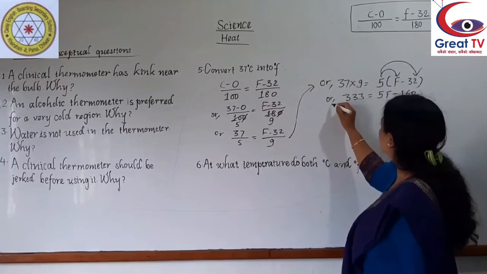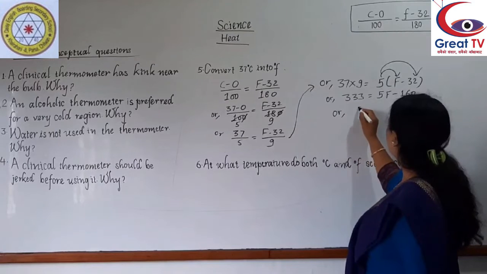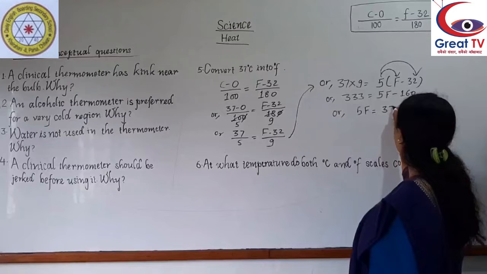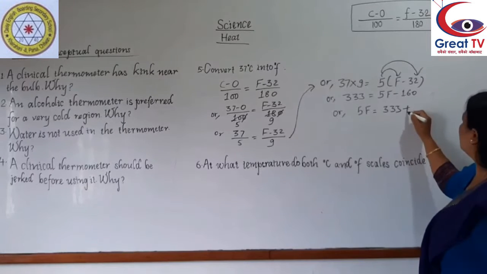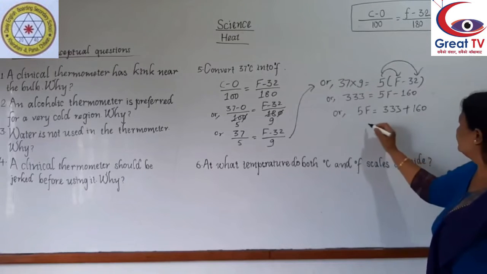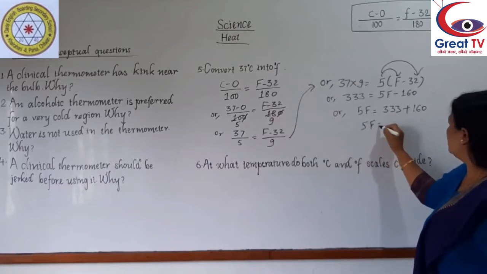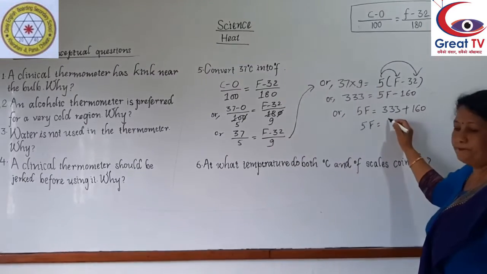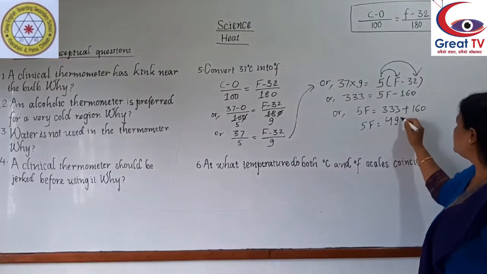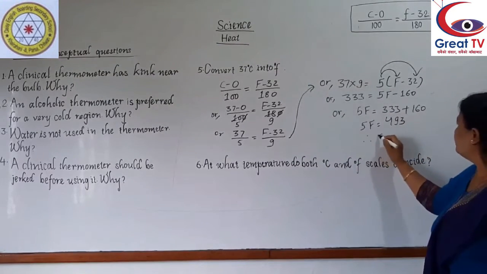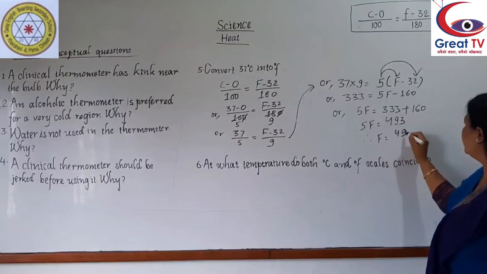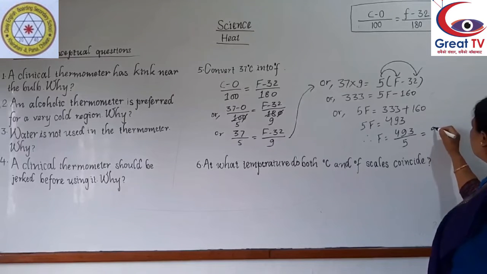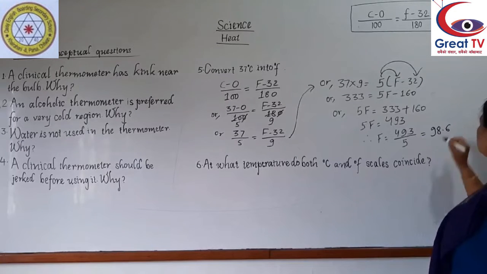Now 5F is equal to 333 plus 160. 5F is equal to 333 plus 160, 493. So F is equal to 493 divided by 5, which is equal to 98.6.